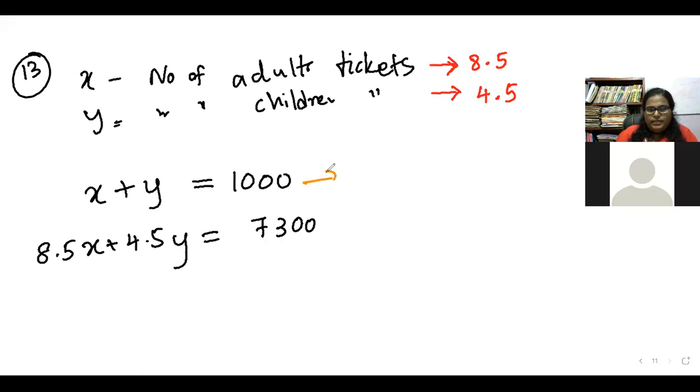So we will take this one as our first equation, and this one is a second equation. So I'm going to multiply this first equation by 4.5. So 4.5x plus 4.5y equals 4,500.